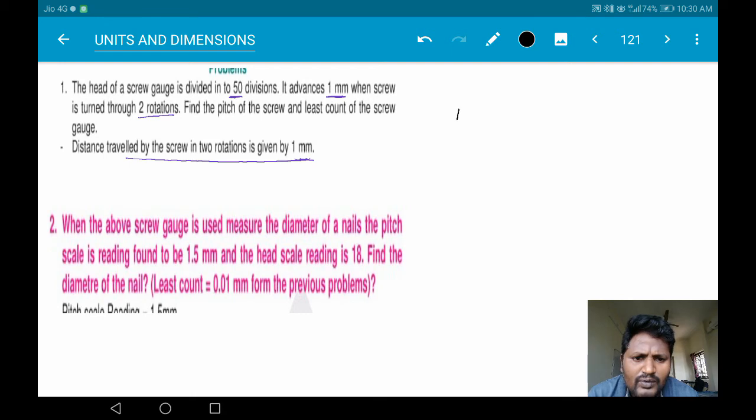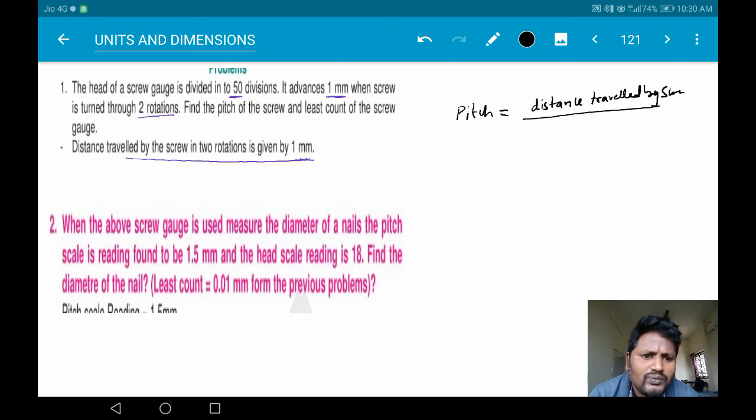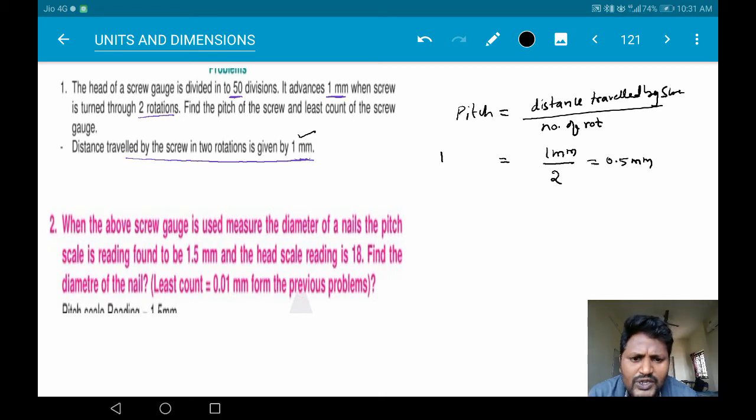To find pitch we know the formula: distance travelled by screw by number of rotations. So what is the distance travelled by the screw? 1 millimeter. How many rotations? 2 rotations. Therefore 0.5 millimeter is the pitch.